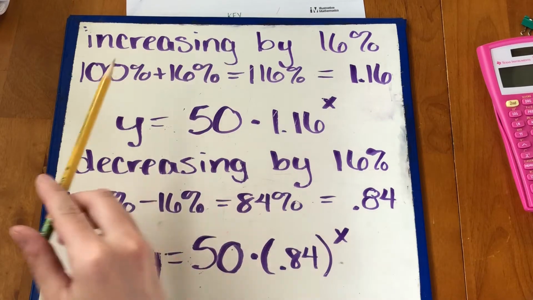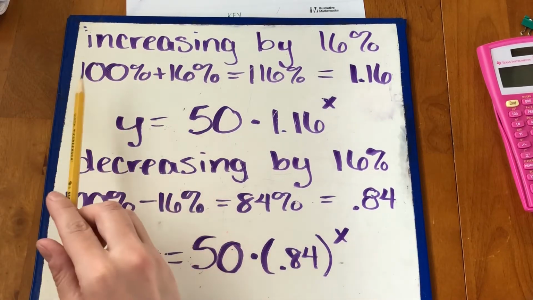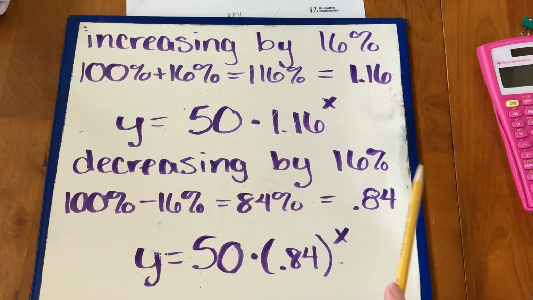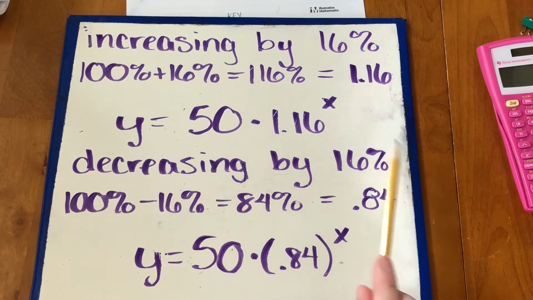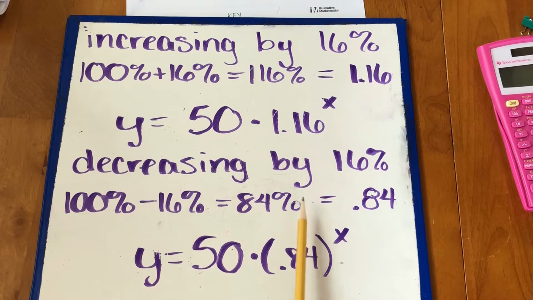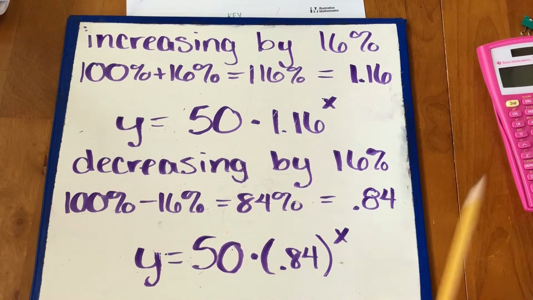So when we're increasing, we have the amount that we started with, which is always 100%, plus more. If we're decreasing, we're subtracting that rate from 100%, so the amount that I started with and 16% subtracted from that. So that would be 84% or 0.84.